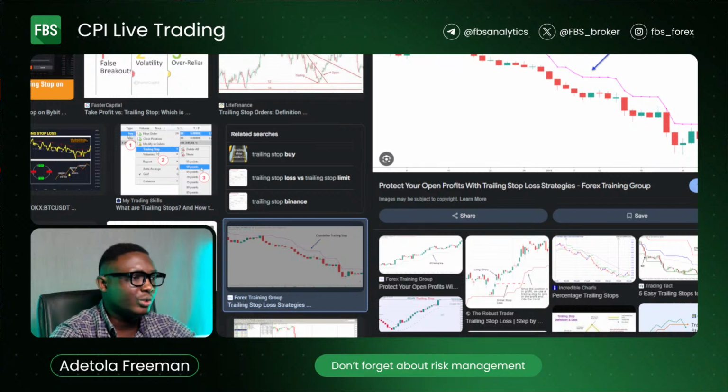What we're typically saying is that as price begins to move, what your trailing stop does is that it protects your entries against reversals. So hold on, I'm going to go over to MetaTrader now so that you guys can see what I mean.